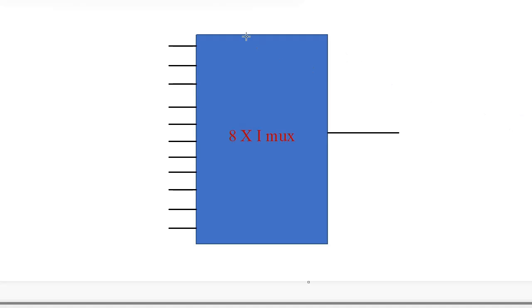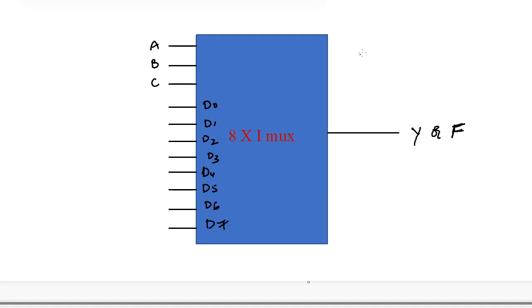So here the input variables are A, B, C, D. The selected lines are A, B, C, and the data lines are D0, D1, D2, D3, D4, D5, D6, and D7. The output variable is F or Y. In the given function F is there, so the output variable is F.